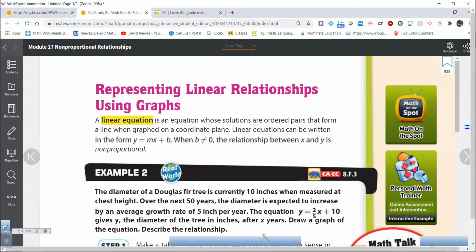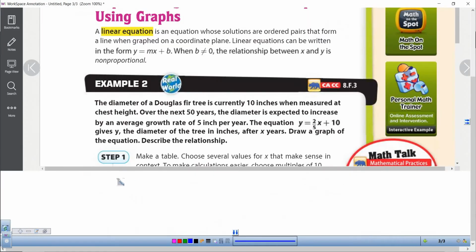Let me just take the time here to clarify a little bit. I'm going to put linear at the top, and over here in red, proportional, and over here in green, non-proportional.